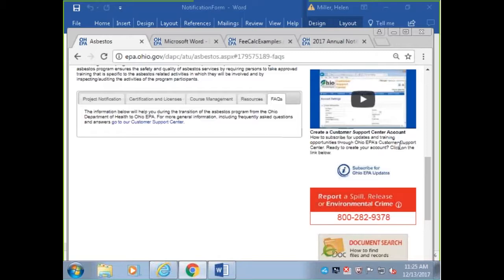Email address or fax for revisions. Again, the email is asbestos@epa.ohio.gov. The fax number will still be the current one that's ODH, 564-2481, I think it is. Is it on the form? It's on the ODH website.